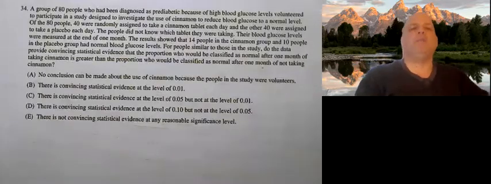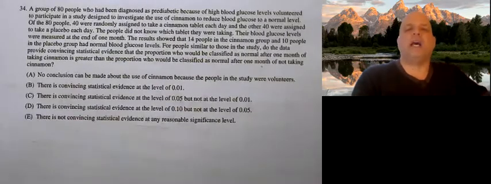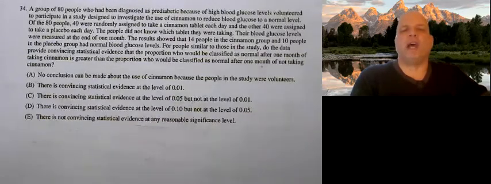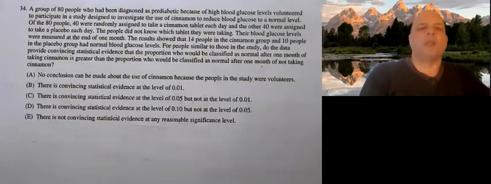A group of 80 people who had been diagnosed as pre-diabetic because of high blood glucose levels volunteered to participate in a study designed to investigate the use of cinnamon to reduce blood glucose to a normal level. Of the 80 people, 40 were assigned to take a cinnamon tablet, and the other 40 assigned to take a placebo.